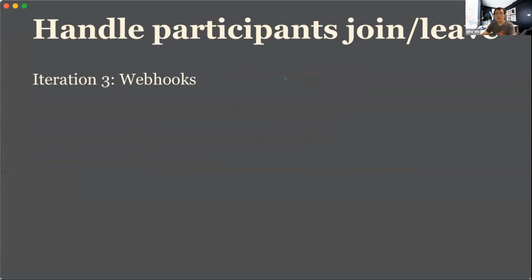Luckily for me, my team added webhook support in the video API, which is super handy for my Slack app. It means we can be notified when someone joins or leaves. So in the next iteration, I added support for webhooks in the Slack app. First, I needed to handle the participant join event.